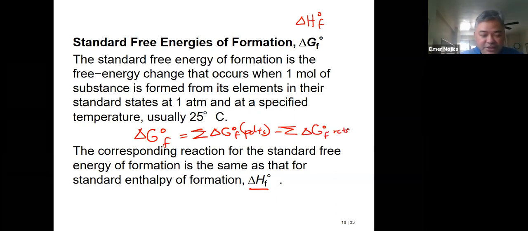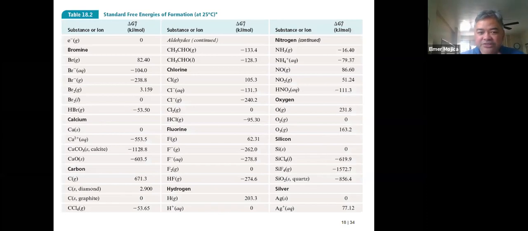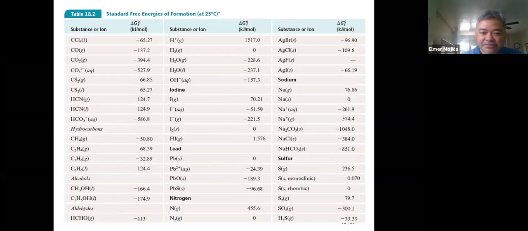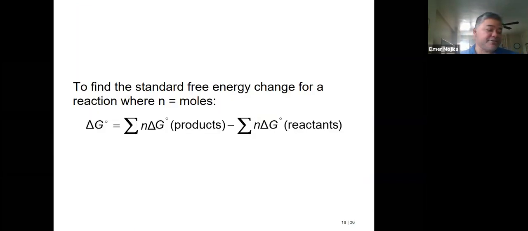The table that you have here is just like that. As you can see, there are zero values here. If you recall in your Gen Chem 1, those are the zero values for the form that elements have at atmospheric pressure and 25 degrees Celsius. You don't see this in delta S, but you see this in delta H. Usually whatever is zero in delta H is also zero in delta G.